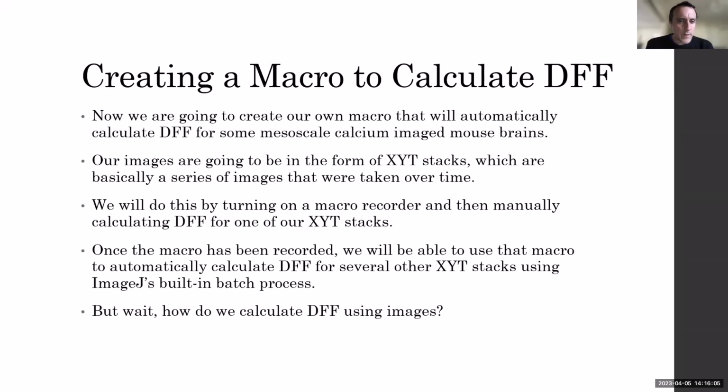We're going to turn on the macro recorder and go through all of the steps to calculate the DFF. Then once the macro is recorded, we can use it with a built-in function in ImageJ to batch process a whole group of files. So Amy, maybe you can take it from here.